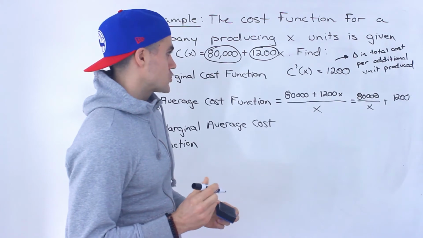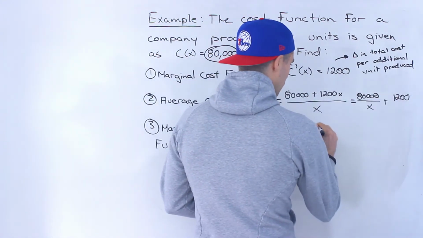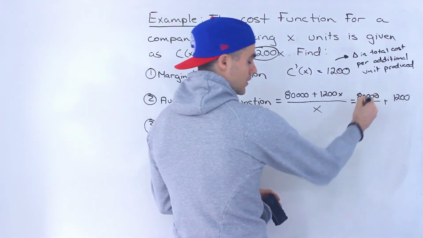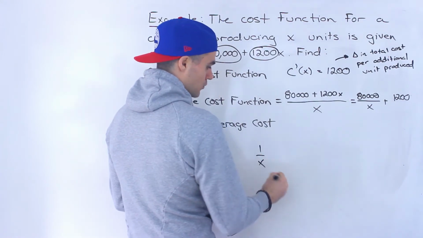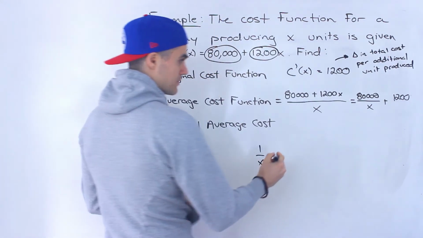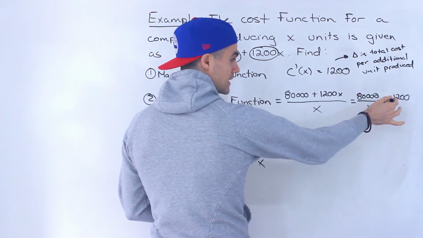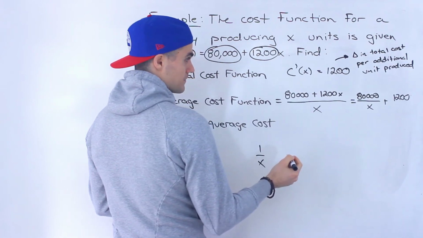One thing I want to mention is if we were to graph this over here, notice that this is just a reciprocal function, right? So notice that it's basically that parent function 1 over x that's been transformed. It's been vertically stretched by 80,000, plus it's been shifted up by 1,200 units.